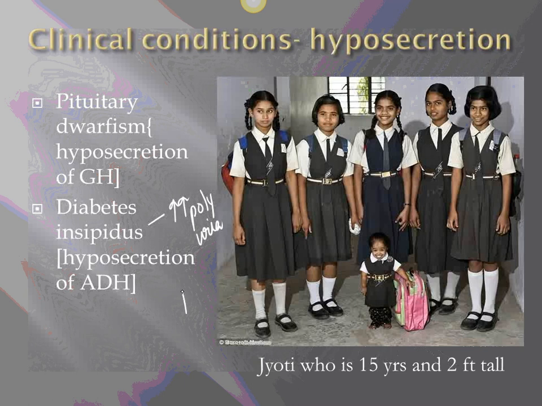Because they pass so much urine, these people feel very thirsty. So they have thirst, which is known as polydipsia. But they don't have glucose in their urine. So that's the difference between this one and diabetes mellitus, okay?